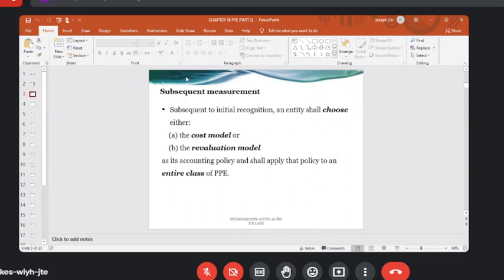Kaya dapat interclass po, hindi po pwede na selected lang po. Dapat interclass po. Kung revaluation, by class. Kung cost, it should be by class, no?